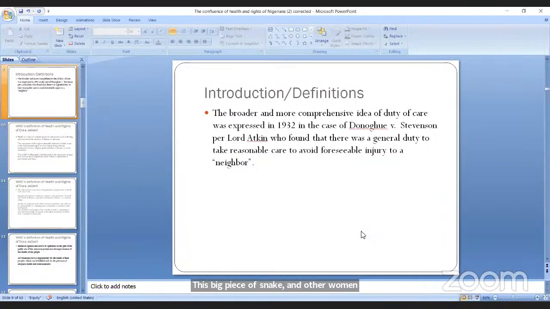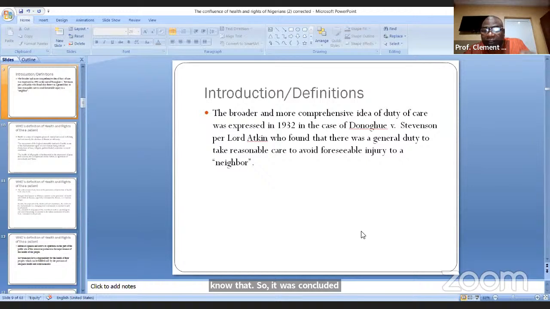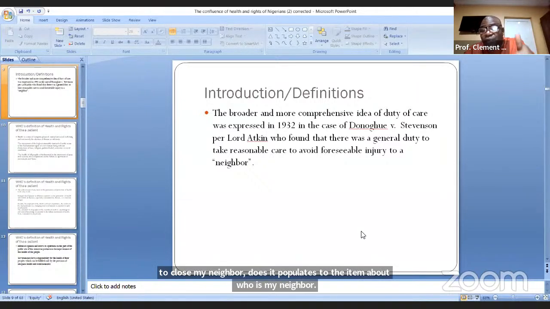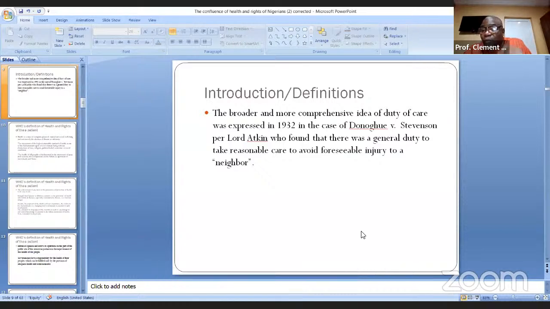So it was concluded by Lord Atkin that there was a general duty to take reasonable care to avoid foreseeable injury to a neighbor. What do we call who is my neighbor? That is the popular story, how it came about. Who is my neighbor? It was well established in this case of Donoghue and Stevenson. Lord Atkin said your neighbor is that person who will be affected either directly or remotely by your action or inaction.